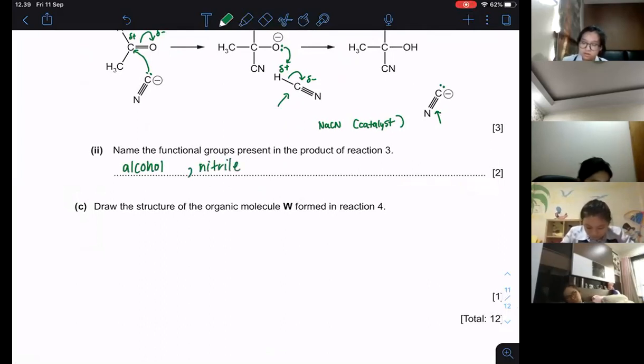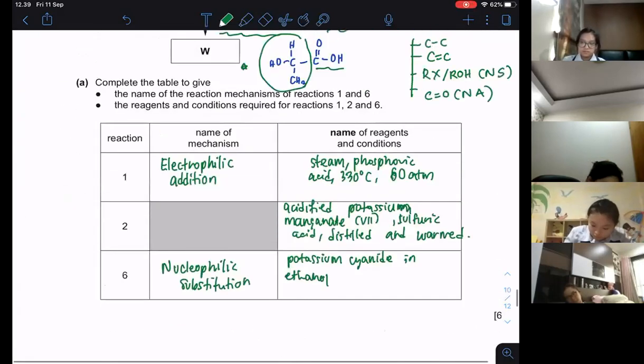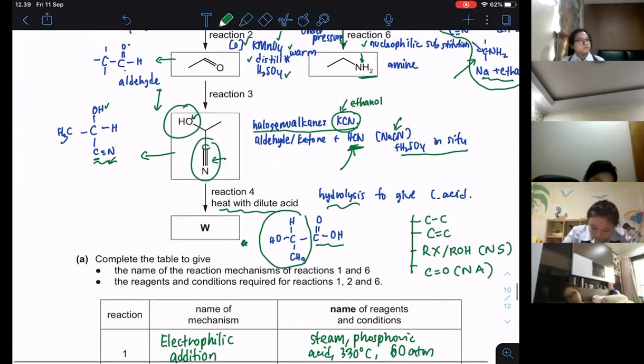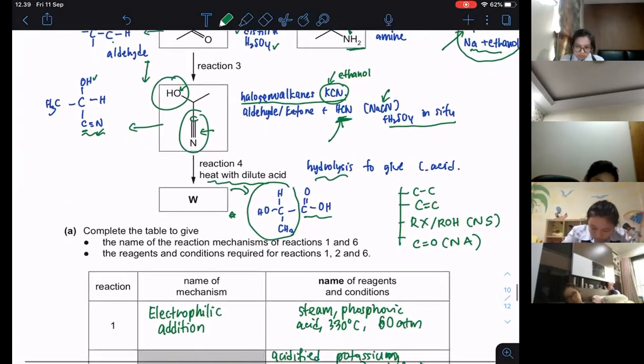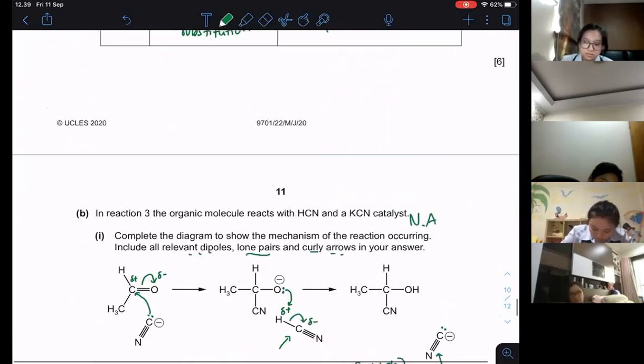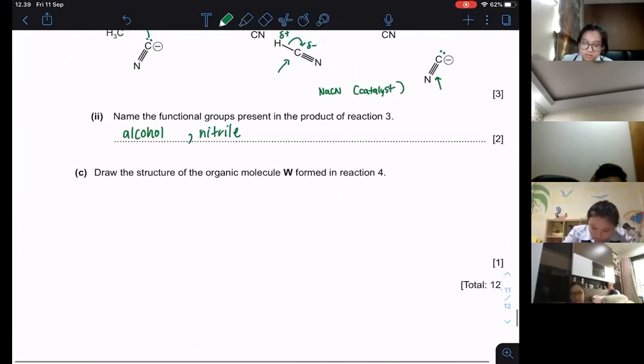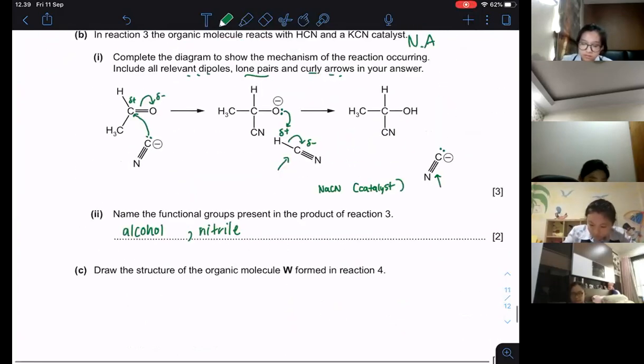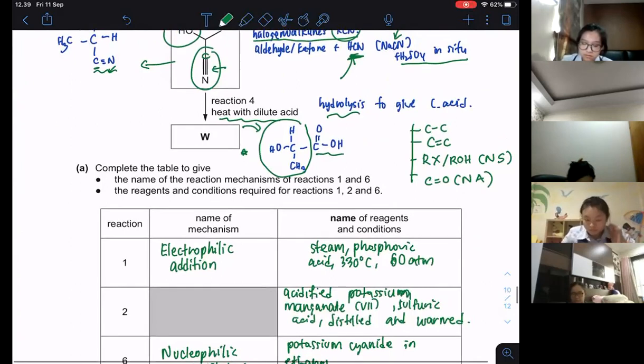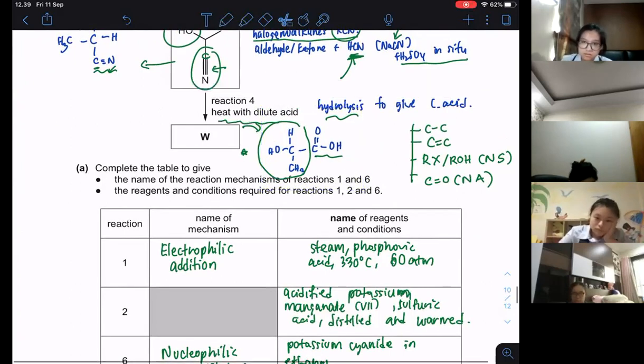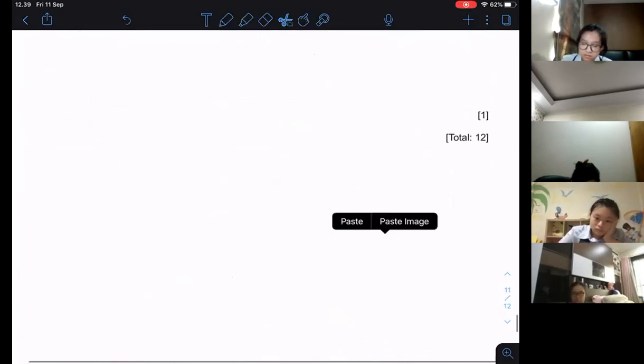Draw the structure of organic molecule W formed in reaction 4. In reaction 4, I have drawn over here. So we just need to draw. They didn't tell us skeletal formula or any formula, they just say draw. So we can just take the entire thing and put it there. Maybe I'll draw nicely over here.